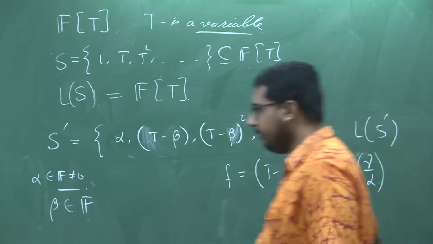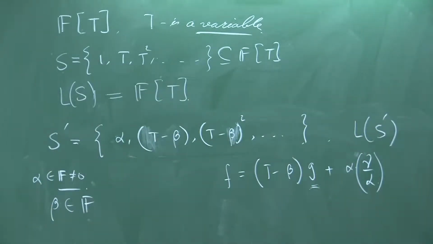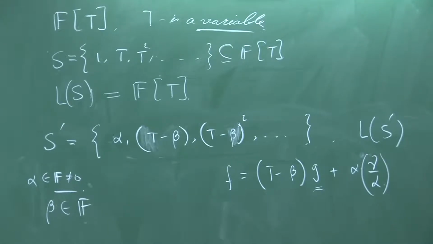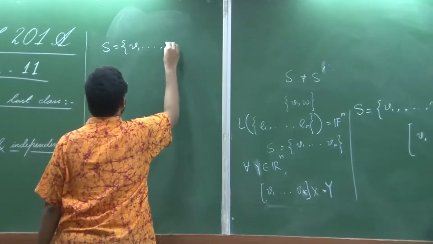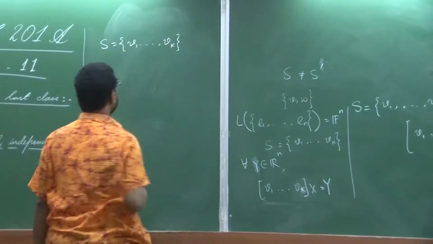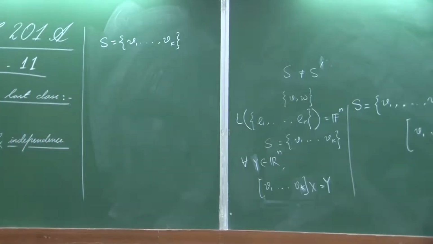Okay. So, enough with linear span. Let us look at the notions of linear dependence and independence. We will first recall the definition, then we will go for examples. For v1, v2, up to vk, we have defined this for finite subsets only.